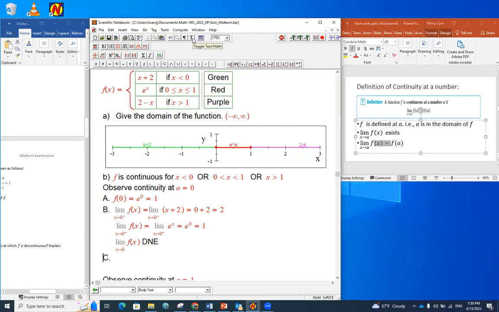And do we have to check C? No, we don't need to check C anymore, because of the second condition. So C is not necessary to check, so we remove it. By this time, we can say f is discontinuous at 0.